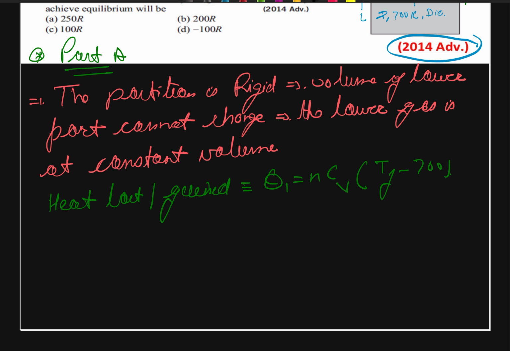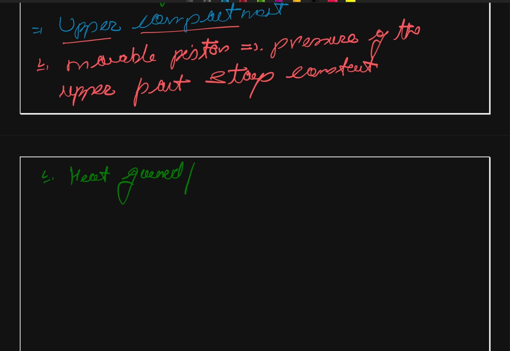Therefore, we can say that the heat gained or lost is our Q2. We can write this as n C_P of the second gas, and this comes as the final temperature minus 400.